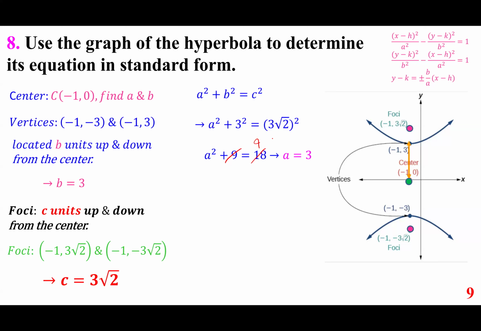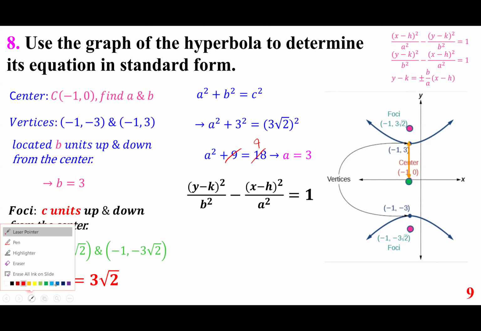So we can write the equation. We replace everything here, following that format. So y minus k, where this is h and k, is 0.